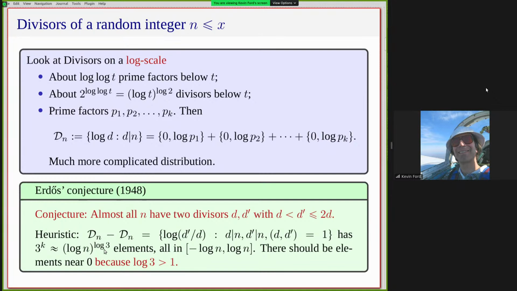If the number is normal, it has about log log n prime factors. And the key idea is that these are numbers in the interval negative log n to log n, and log 3 is bigger than 1. That's a numerical coincidence that drives a lot of the behavior in this area. So that's a heuristic.